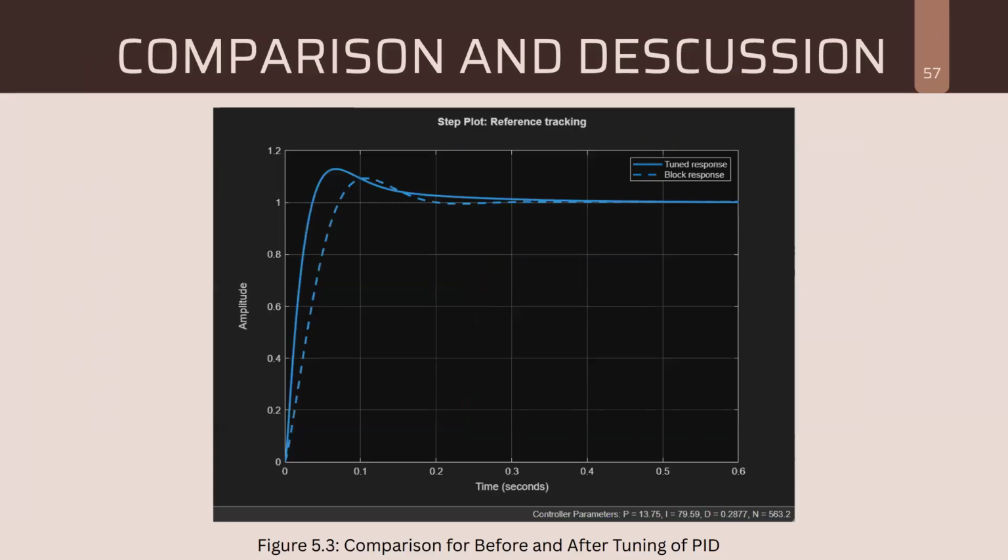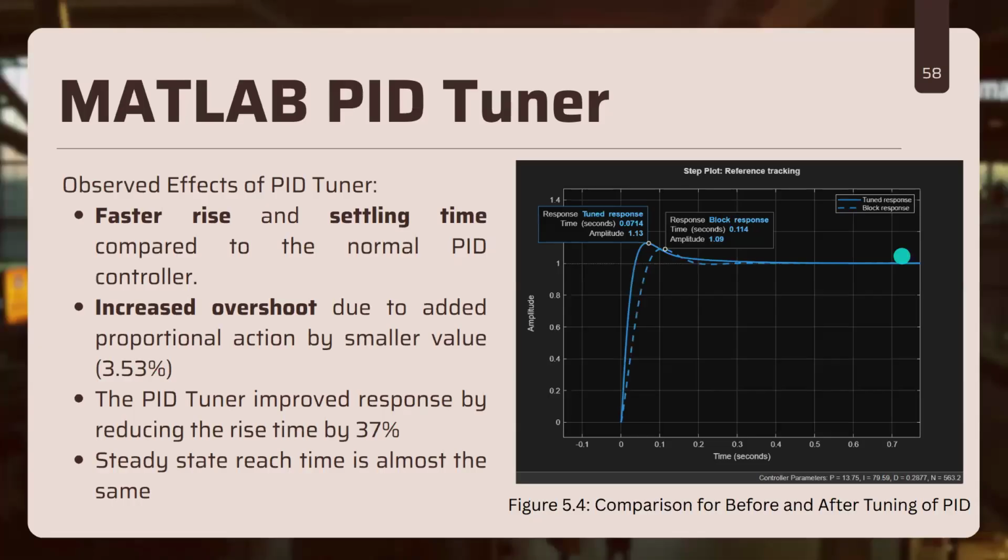So, comparison here. After tuning the PID controller, we can see faster rise and settling time. We have also seen an increased overshoot, but this overshoot is not significantly higher. It's only 3.53% overshoot.